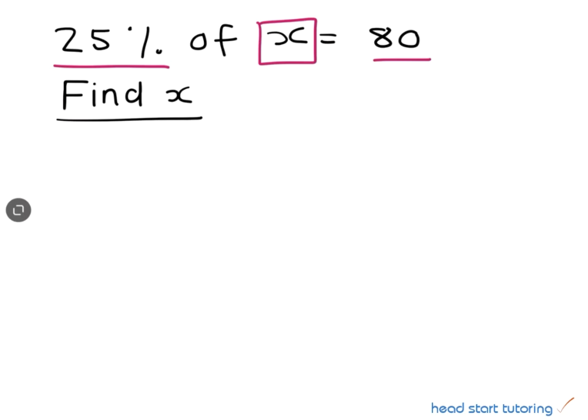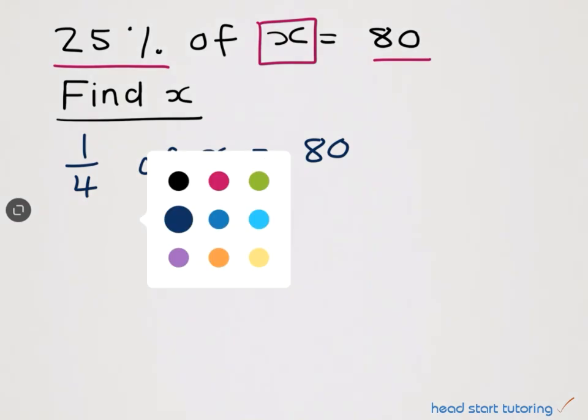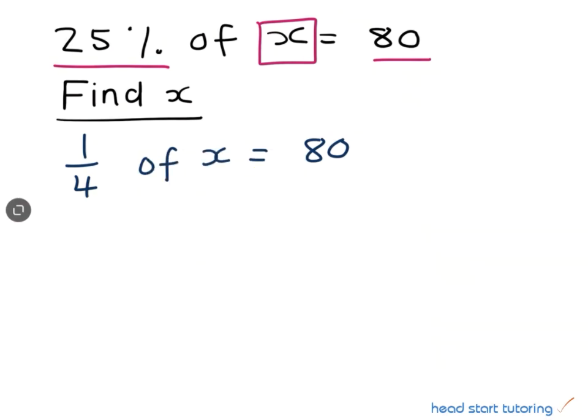So 25% of x is equal to 1/4 of x, because 25% is equal to 1/4. So what we need to figure out is how to get to 4/4 of x, because 4/4 of x will give us our whole value of x. So 1/4 of x is equal to 80.